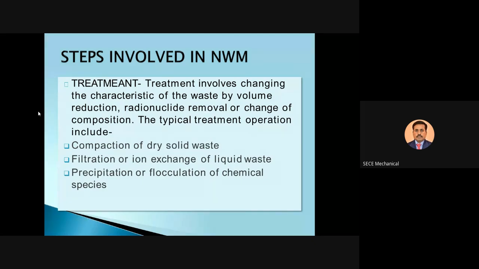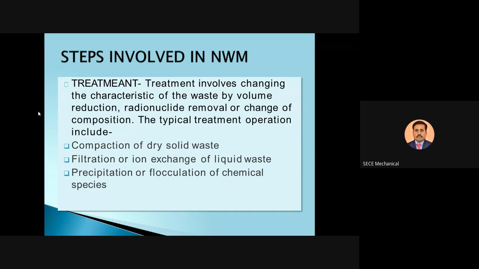By changing the waste by volume reduction, radionuclide removal, some chemical process, we have to remove the radioactiveness, or change the composition. The waste has a lot of composition, so we have to use some process to remove the composition. So likewise, the treatment is the second process.